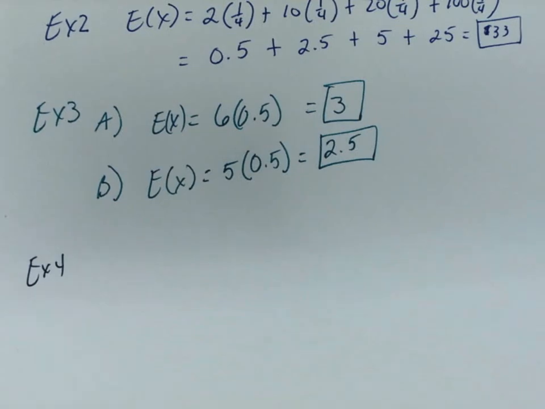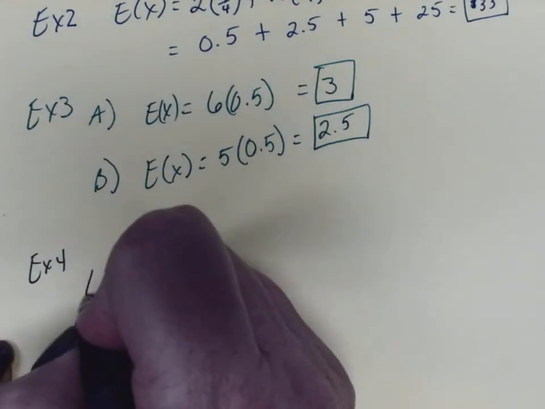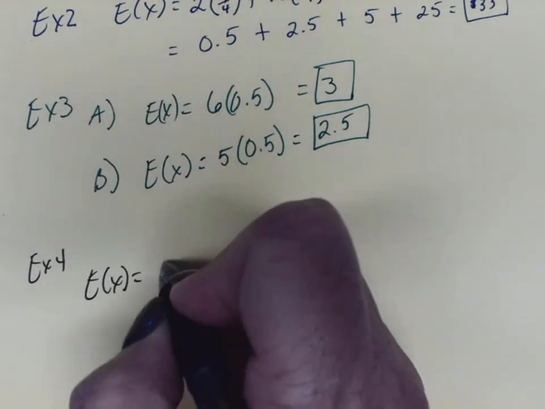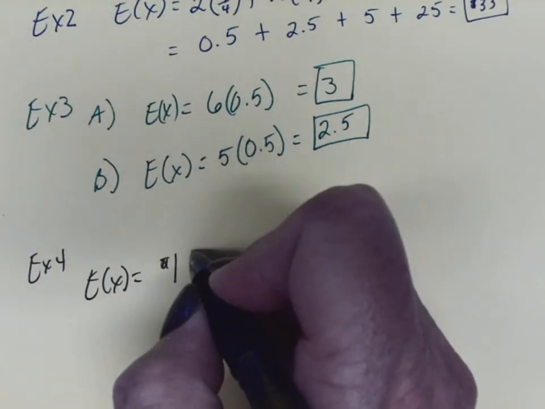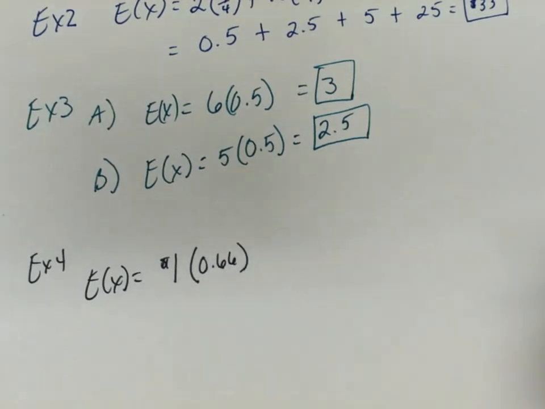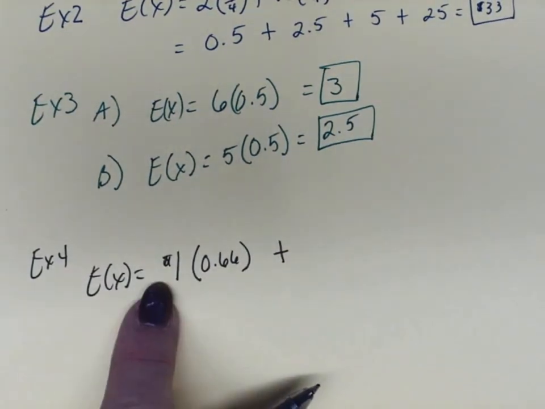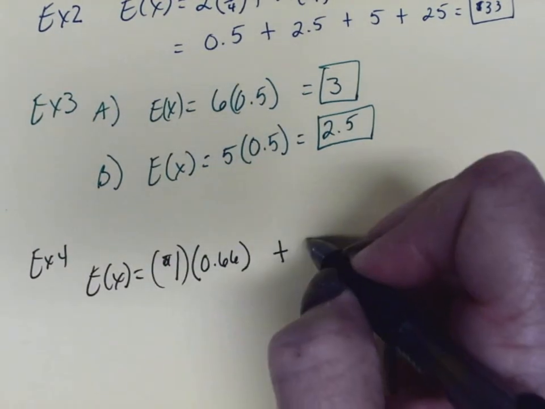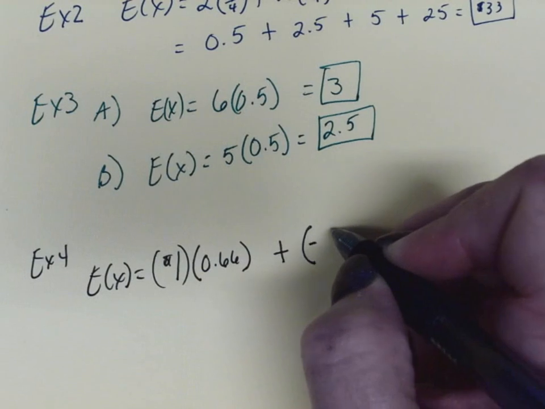All right, so for our expected value, our E of X, if we win $1, the probability was 0.66. And that's winning $1, so you have a positive $1. If you're losing, you're going to lose $1.